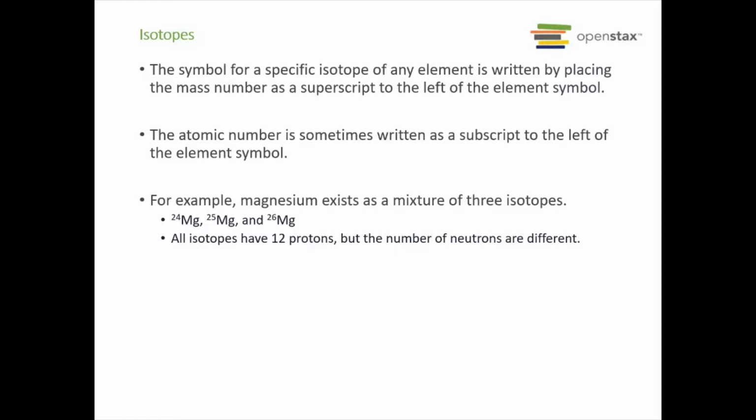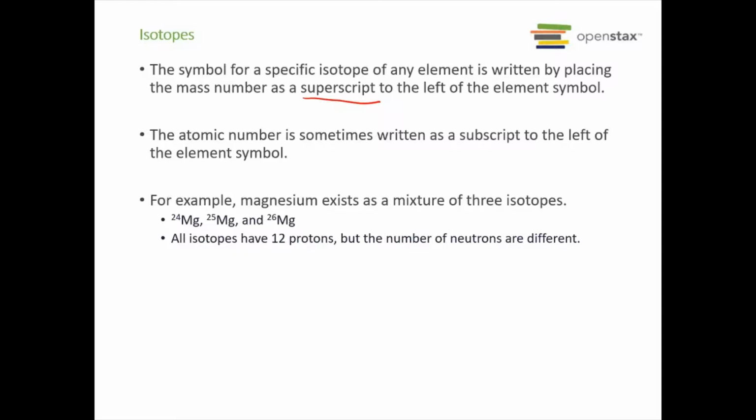So now let's talk more about isotopes. So we have different ways of writing isotopes to tell what specific one we might be talking about for an element. So generally you have the mass number as a superscript, which means up top corner to the left of the element symbol.